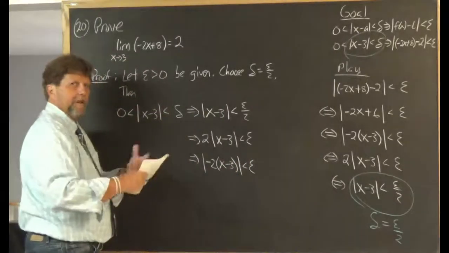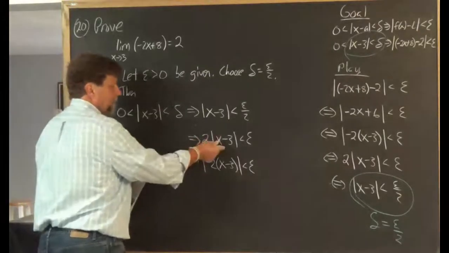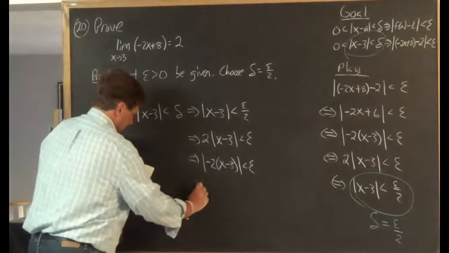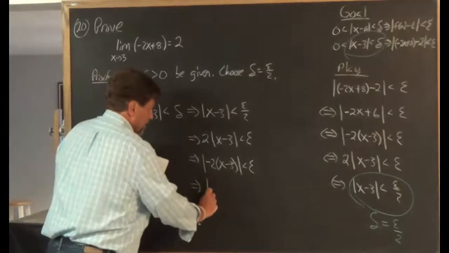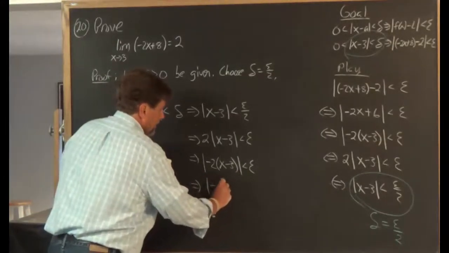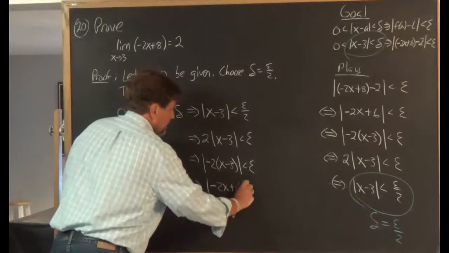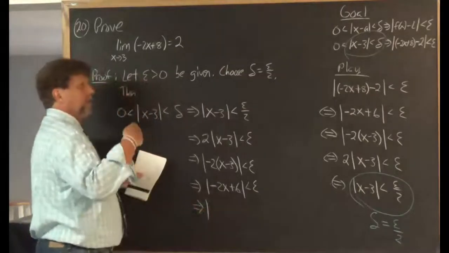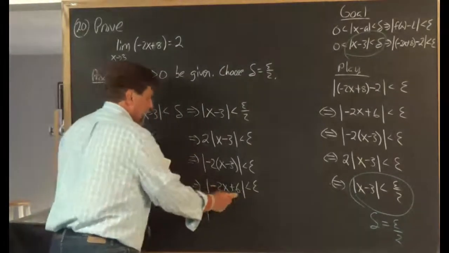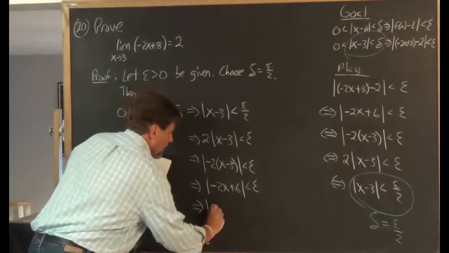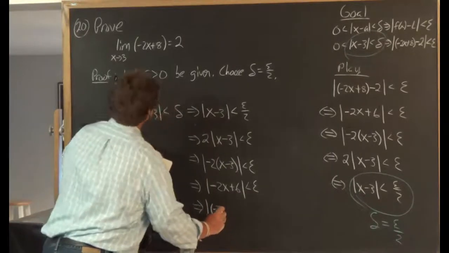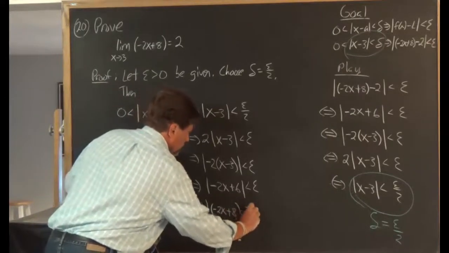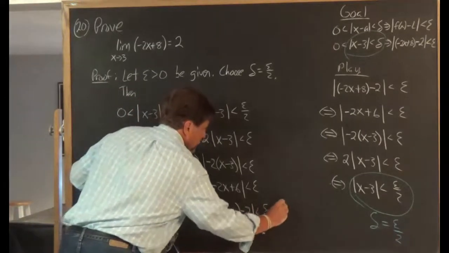Remember, the absolute value of negative 2 is 2, so we're taking that and putting it back inside the absolute value and calling it a negative 2. And this is the same thing as the absolute value of negative 2x plus 6 less than epsilon. And then that negative 2x plus 6, we could rewrite as the quantity negative 2x plus 8, minus 2, is less than epsilon.